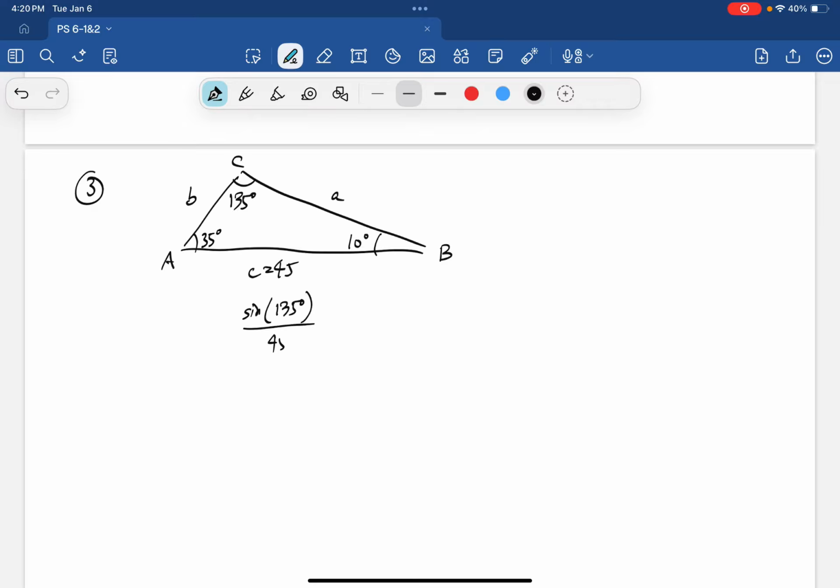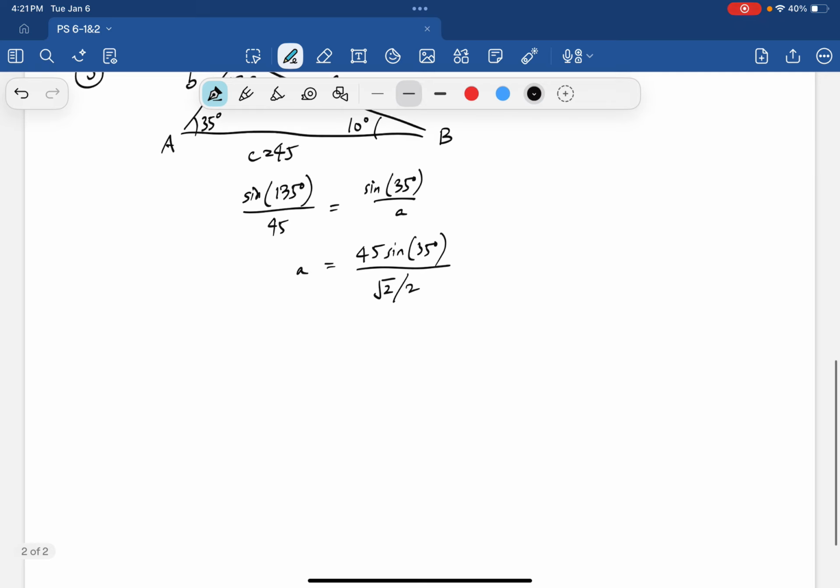So when we know sine 135 over 45 is equal to sine of 35 over A, which means that A equals 45 sine 35 over sine 135, right? Which is root 2 over 2. And so this is going to come out to 90 over root 2, which is just 45 root 2 sine 35 degrees. That'll be the answer.